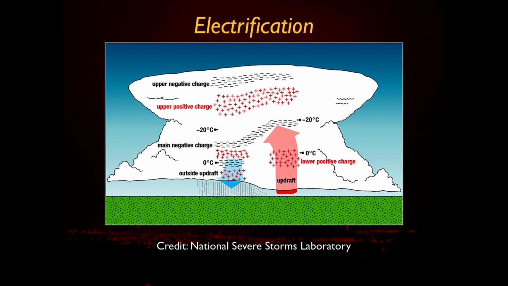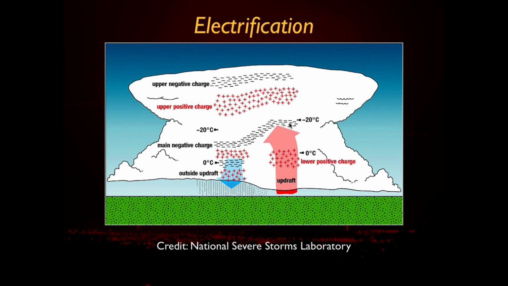Briefly, before we talk about flash types, we'll hit a little bit on electrification of the storms themselves. Now, earlier in class, you had talked about the electrification processes, so we won't get into those.